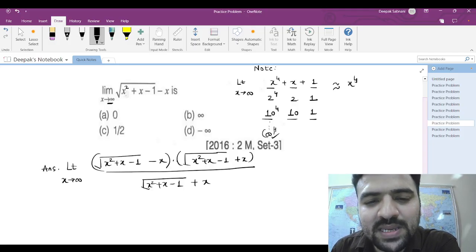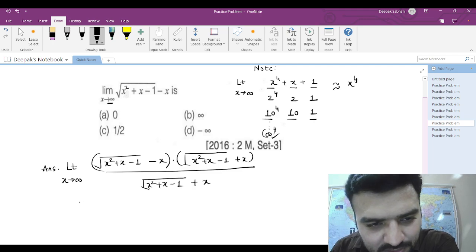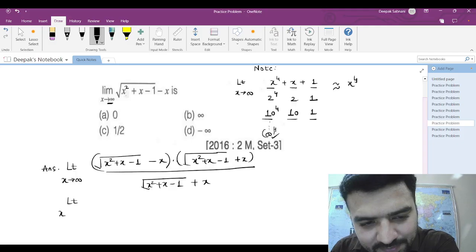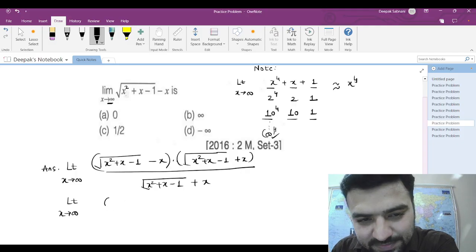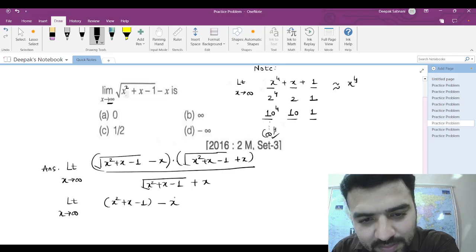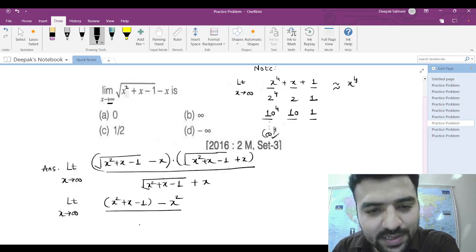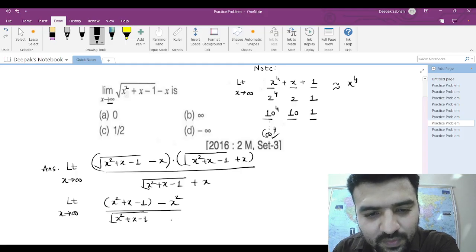Now, a minus b into a plus b is a square minus b square. So this will be limit x tends to infinity of the numerator, a square minus b square, that is x square plus x minus 1 minus x square, divided by the term root of x square plus x minus 1 plus x.